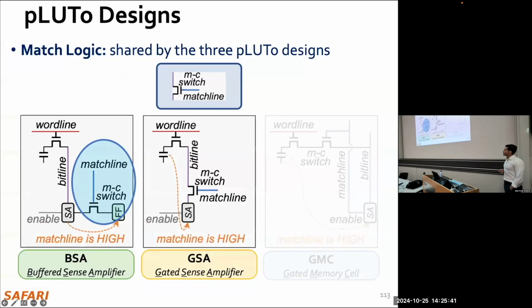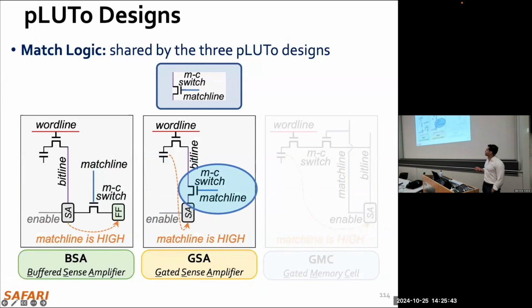The second design is what we call gated sense amplifier. Here we are going to use the sense amplifier itself, of the output vector, to store that data as I progress in the Pluto row sweep operation. But this is destructive of the data in the DRAM cell that I have here, because once I copy the data to the sense amplifier, the charge restoration process is going to happen, and then I'm going to destroy the data that was stored here in the DRAM cell.